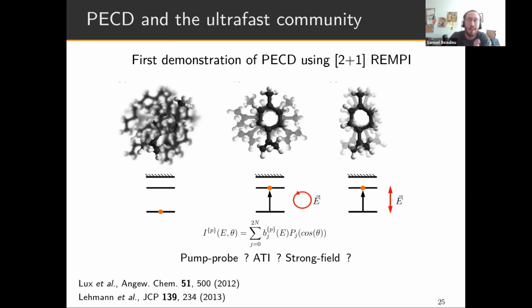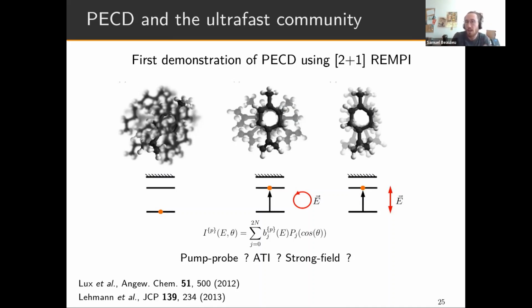So indeed, when you go from the ground state to the Rydberg state, there's an anisotropy of the transition dipole matrix element for this optical transition, and only the molecules within the ensemble with the good initial orientation will be promoted to the Rydberg states and thus be subject to ionization.